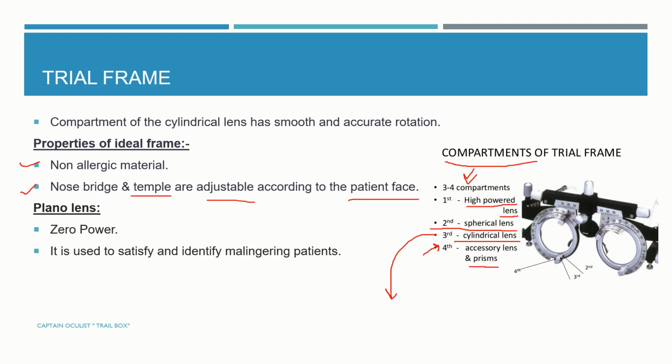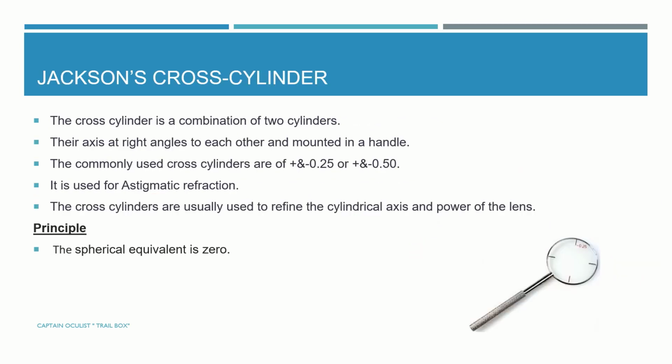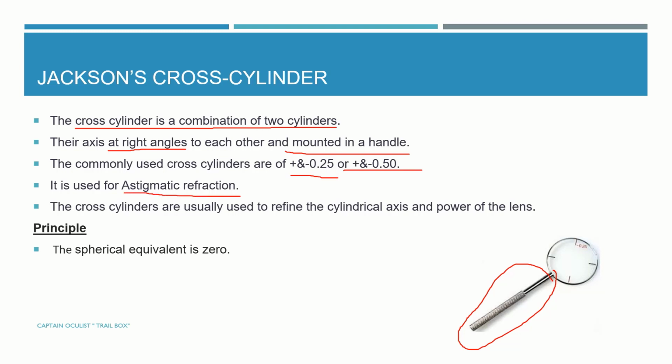So let's come to Jackson cross cylinder. The Jackson cross cylinder is a combination of 2 cylinders, with axes at right angles to each other, mounted in a handle. The commonly used cross cylinders are of plus minus 0.25 or plus minus 0.50. It is used for astigmatic refraction.